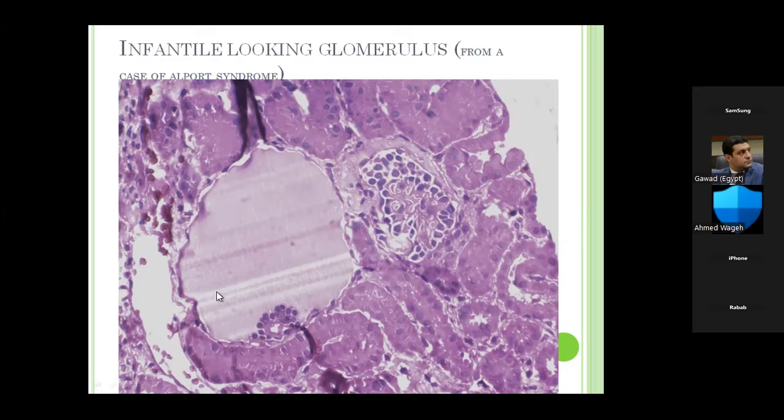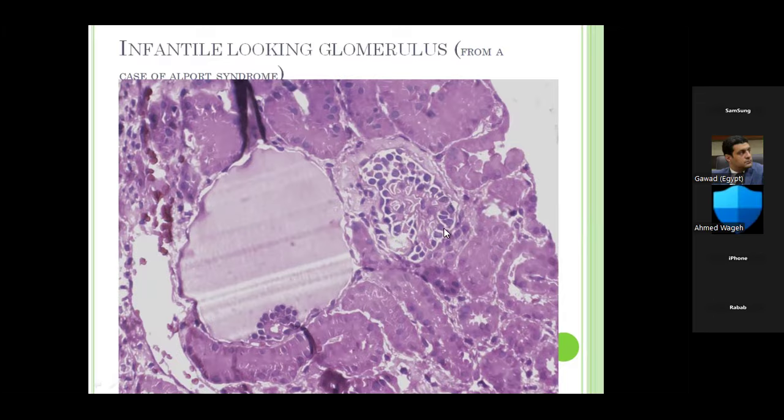This is another one with microcystic expansion, a microcystic tuft, a microcystic Bowman capsule with this knot of glomerulus. What are these? All of these are podocytes.